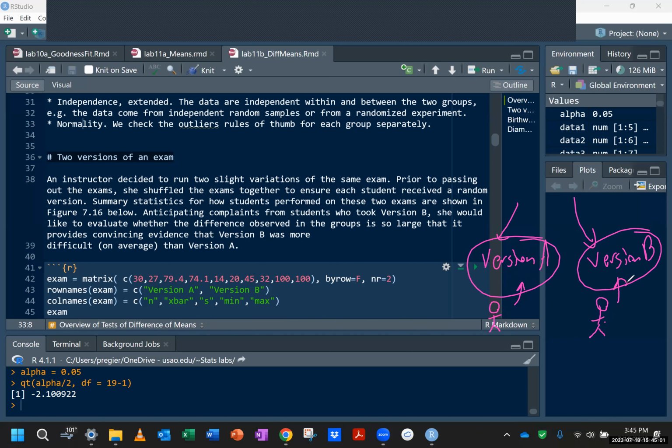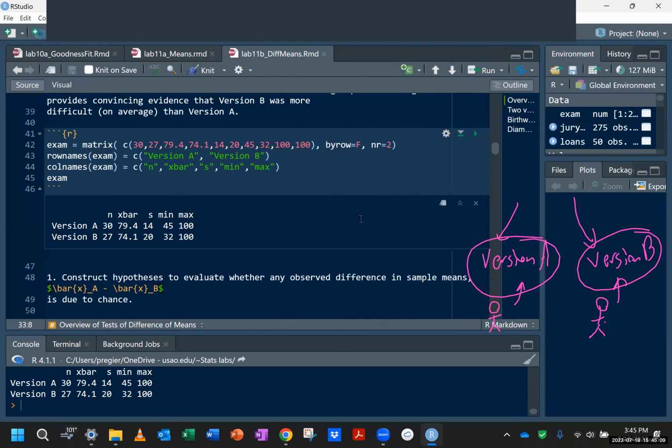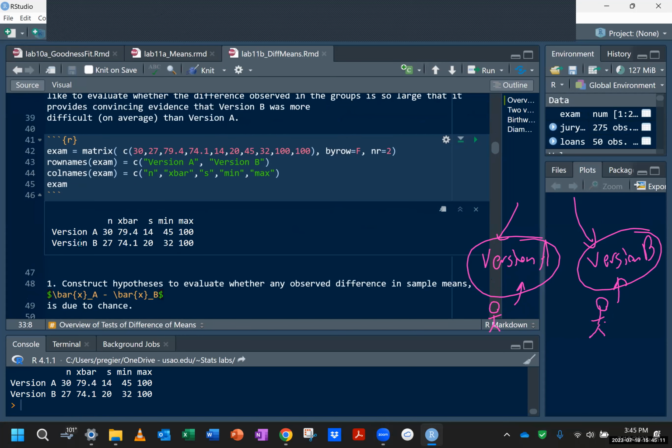So they're not paired. The professor has some statistics from the exam, and after sharing these statistics, the students say, it's not fair. Version B was harder than version A. For version B, the average was 71%. For version A, the average was 79%. And so the students are up in arms. Hey, you gave us a harder exam for version B.